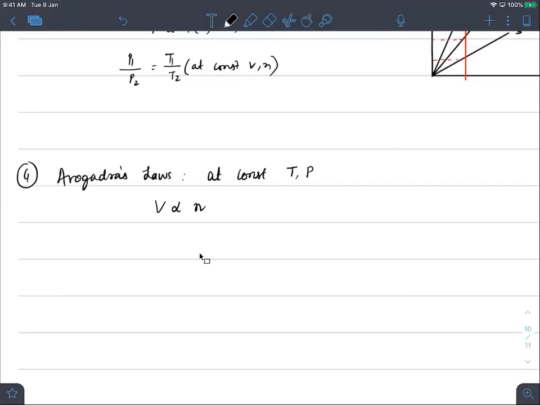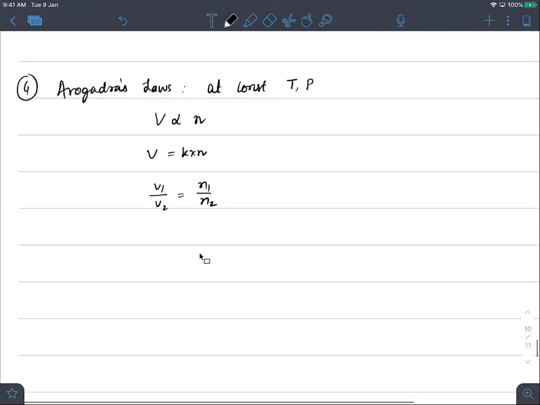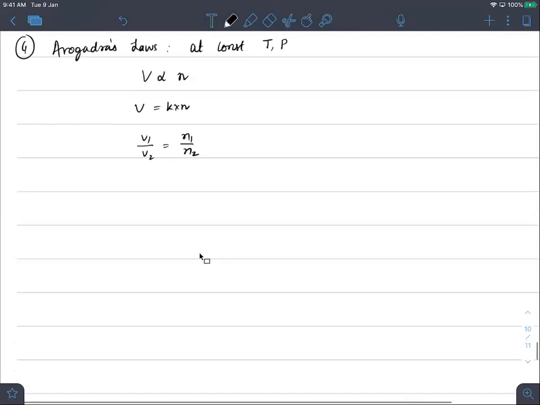The more moles you blow inside, the more volume it will occupy, considering the pressure and temperature inside are the same. Okay. So which means V is equal to some constant into N, or V1 by V2 is equal to N1 by N2. Right. Now this condition becomes very important to understand something called STP, standard temperature and pressure.